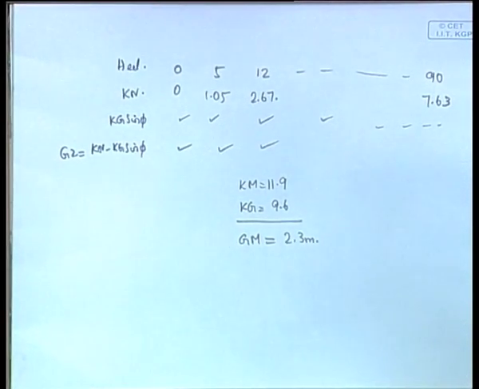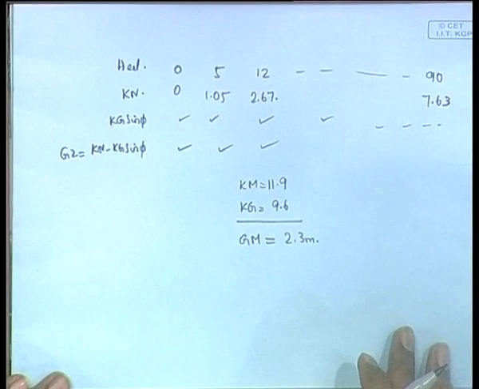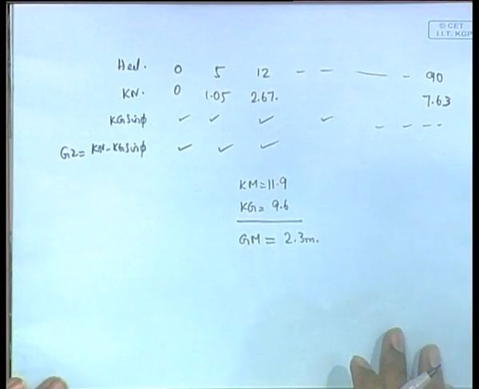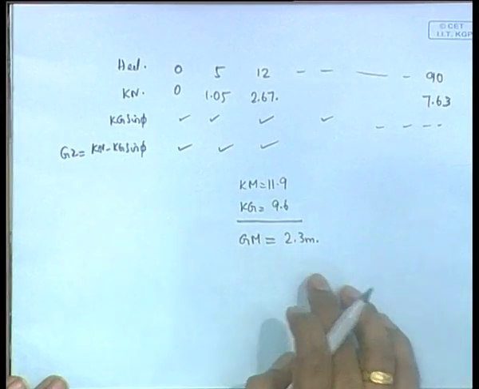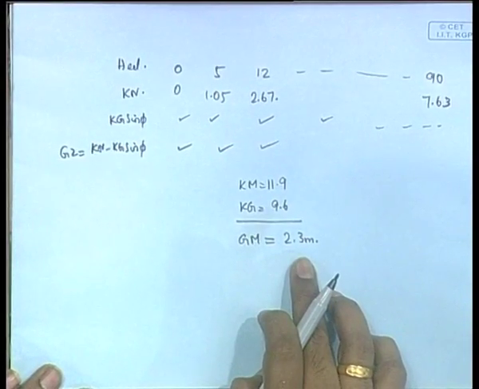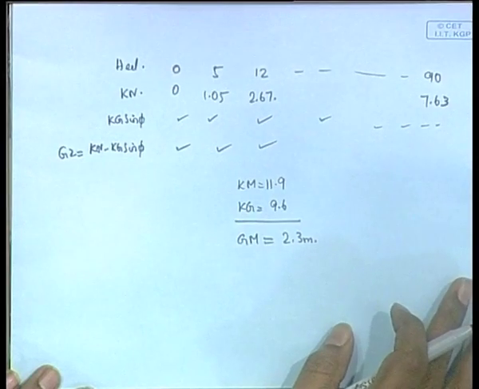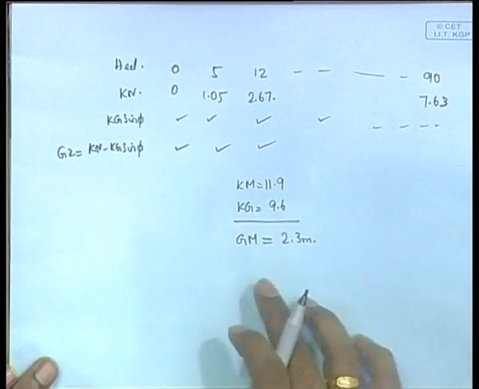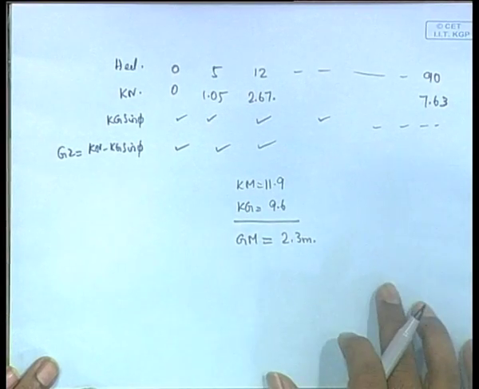GM should be greater than 0.15 meter, that is also important. So first of all, first rule you can check that GM is 2.3, it's definitely much better than the minimum GM, that is all right. Then you have to check the other rules, does it satisfy the load line regulation.